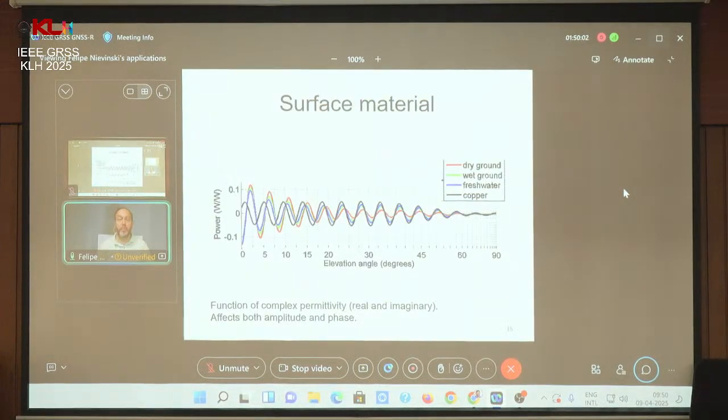So you even may get a change in the frequency of your interference pattern because the surface reflection is a complex value, a phasor. It has a magnitude and phase.